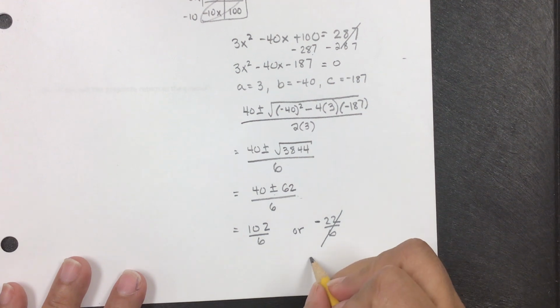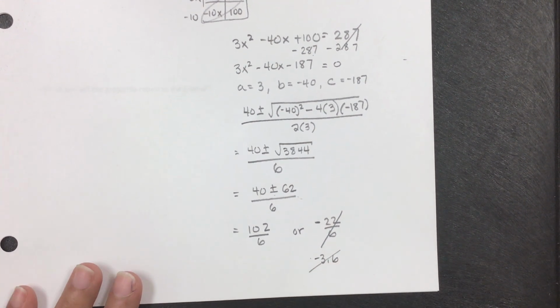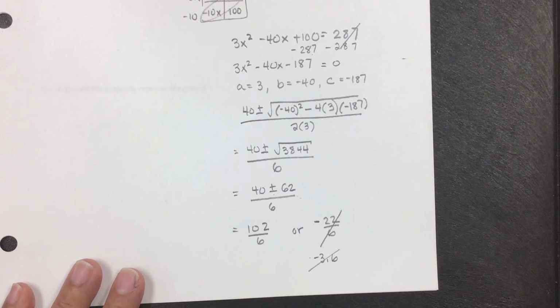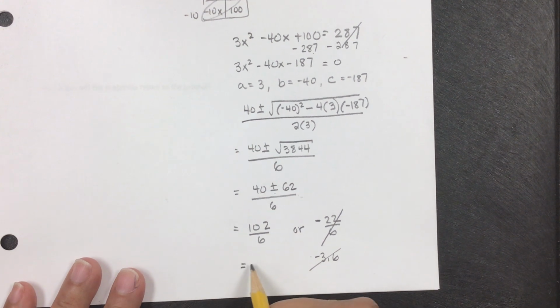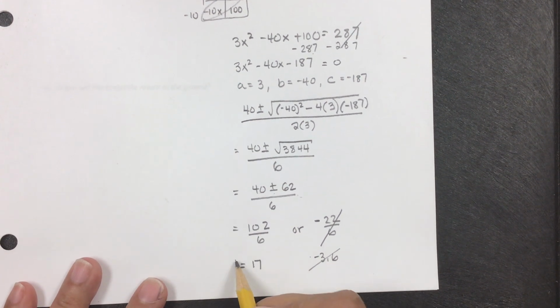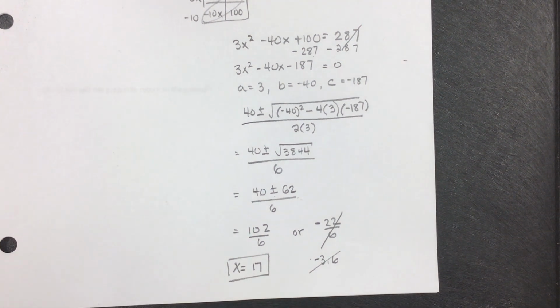The answer cannot be negative 3.6. Length, width, height are not negative answers. That means that 102 divided by 6 is equal to 17 is your answer. And that's why in this case it is no or statement.